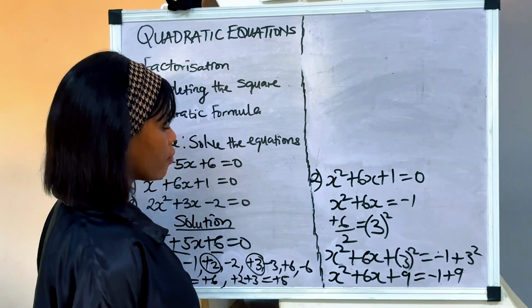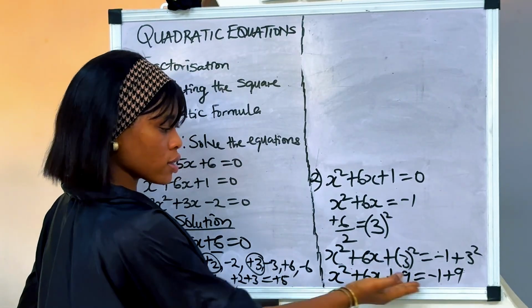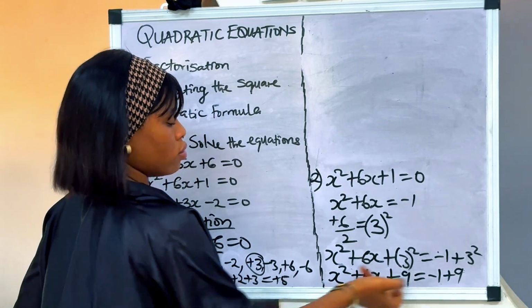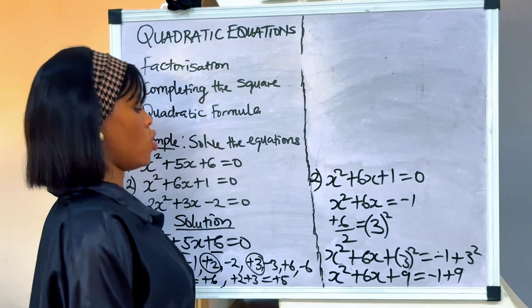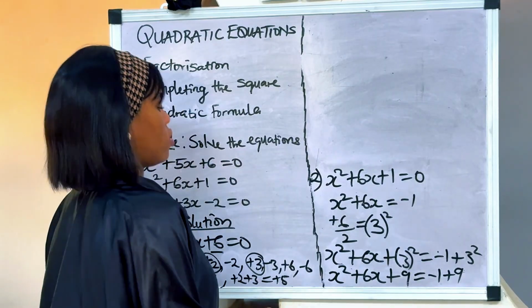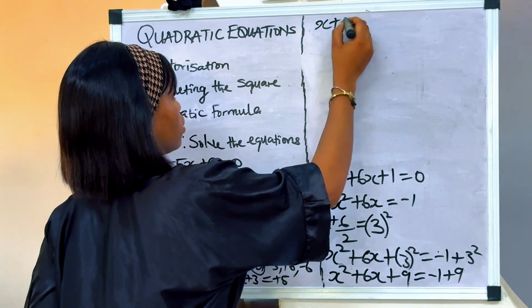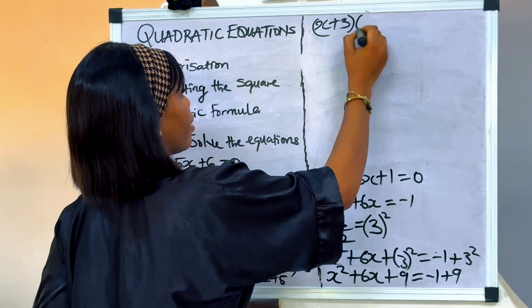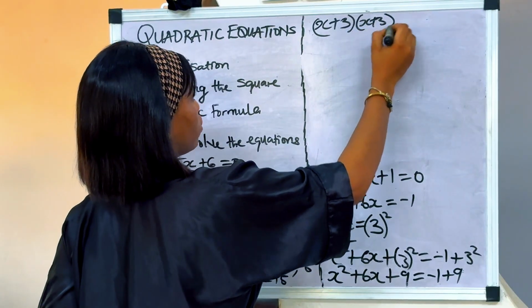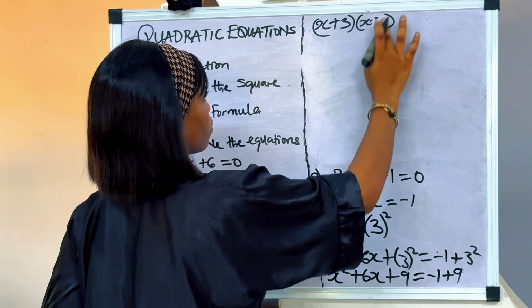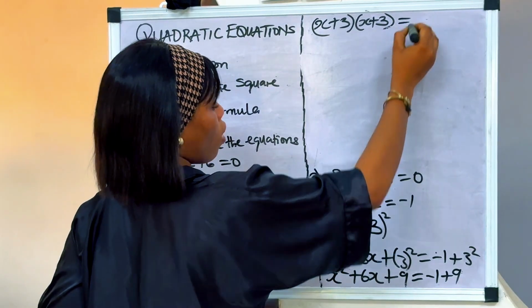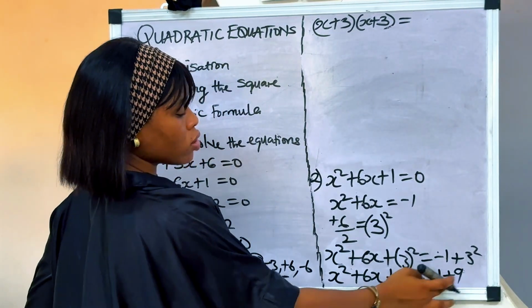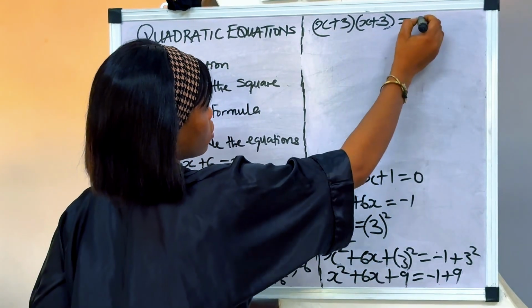From here, factorizing the left hand side of the equation, we would have (x plus 3)(x plus 3) equals minus 1 plus 9, which gives us 8.